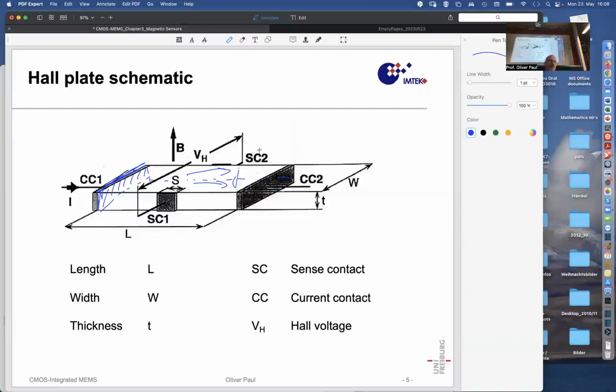Now, there are some animations out there on the web. Don't look for them, but I'll show you what they show. They show it in perspective, beautifully made, but it's really utterly wrong. This device has a contact here and here, and then the side contacts here and here: current contact 1, current contact 2.